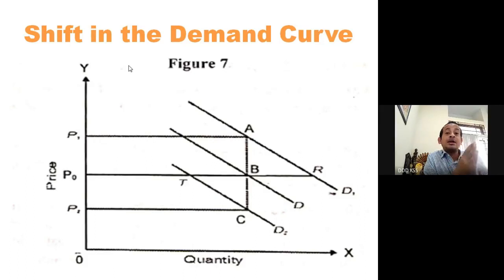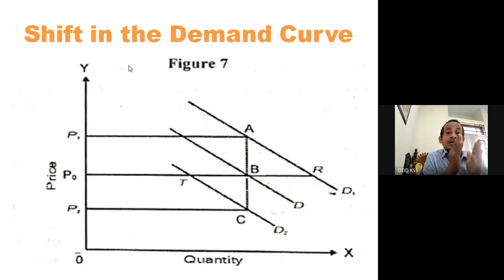But what happens if the income increases or taste, preference, habit, fashion of the consumer changes? Or the price of related goods goes down, like tea and coffee, these are substitute goods.